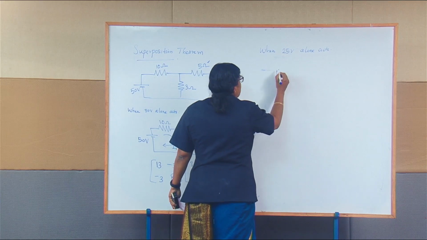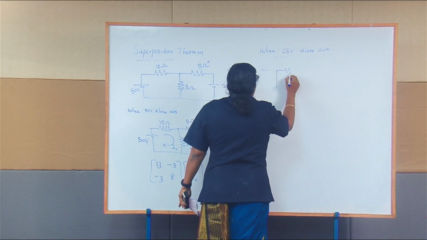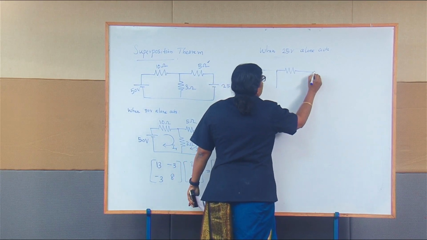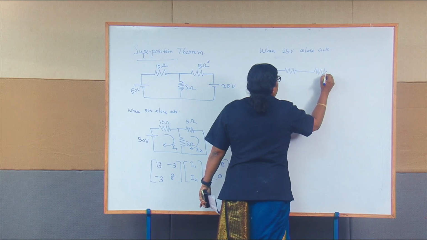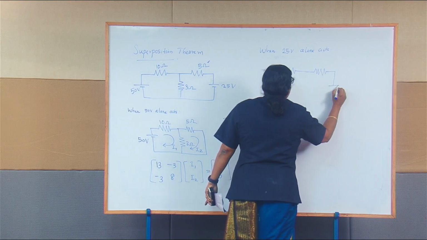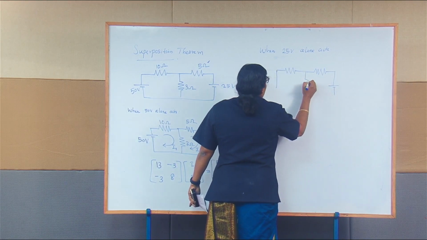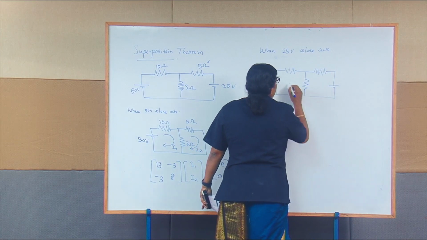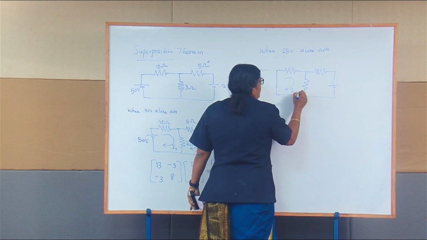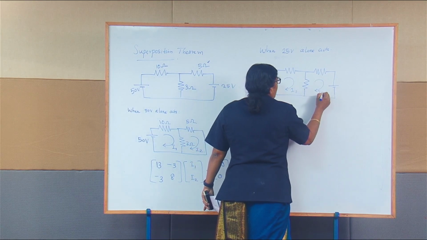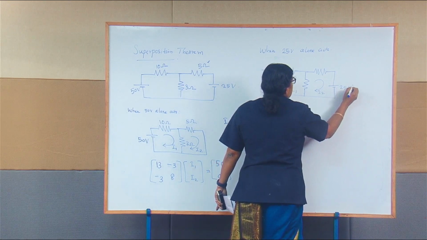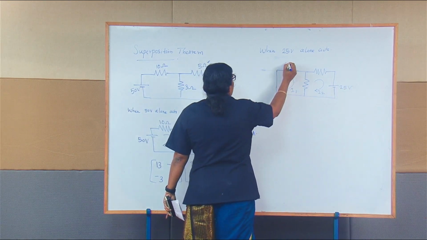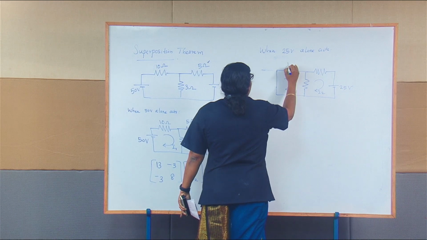So 50 volts has to be short circuited, and you will have 10 ohm here, 5 ohm. I'm keeping 25 volts as such, and 3 ohm. We'll take this as I1 and I2. This is 25 volts. I'm going to find out I1 and I2 due to the voltage source 25 volts.